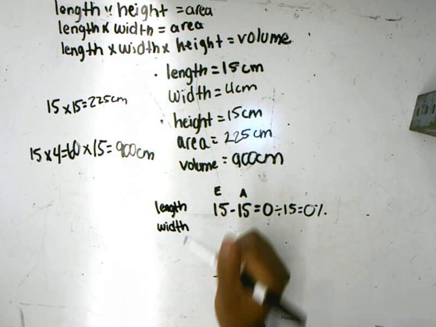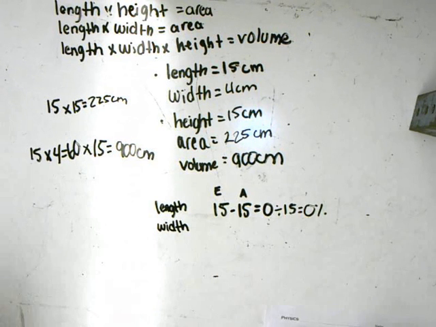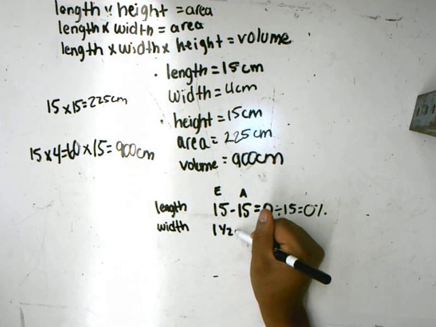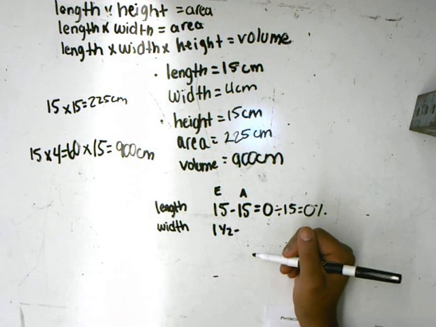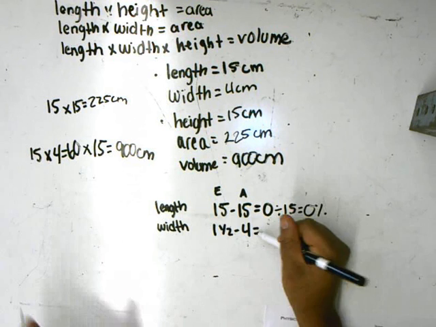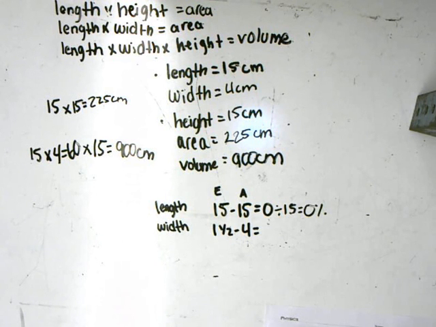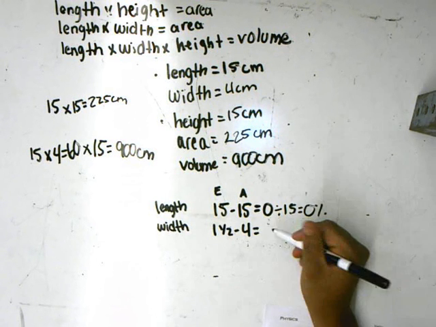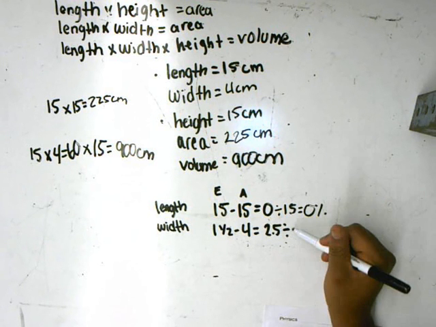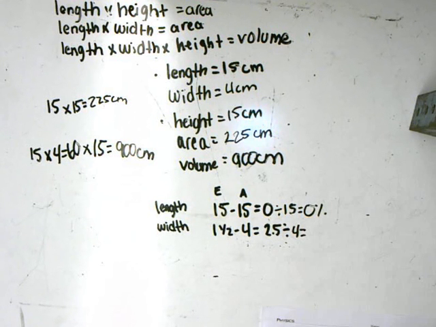So using my calculator, I'm going to do 1.5 minus 4 equals 2.5. And I'm going to divide that by the actual of 4. And that's going to equal 0.625%. So that is the uncertainty percentage error of width.